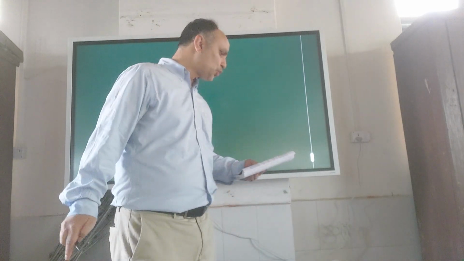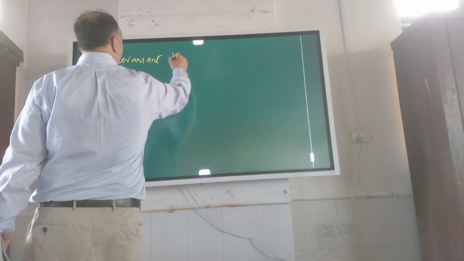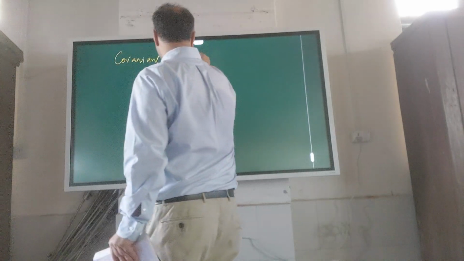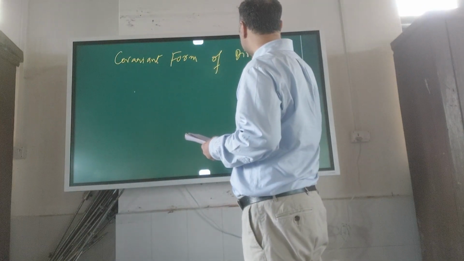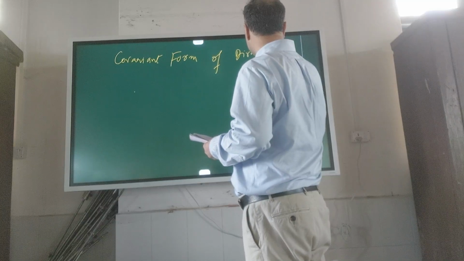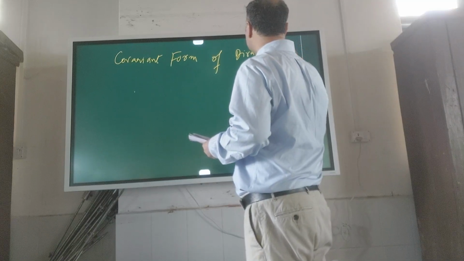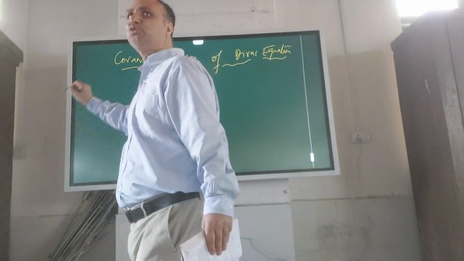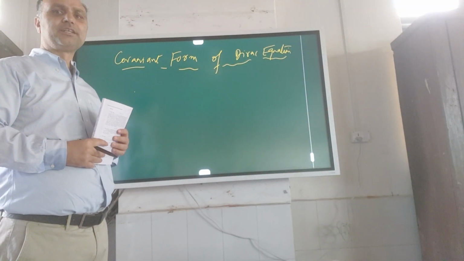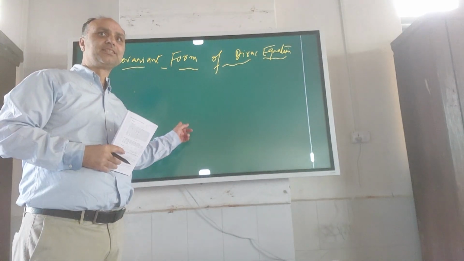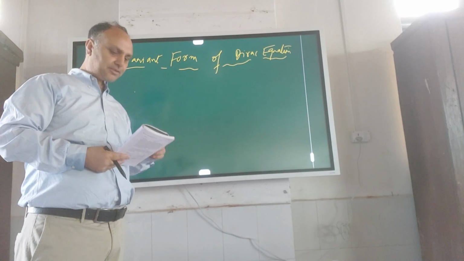So we have to see the covariant form of the Dirac equation. There are a set of identities which we are going to see, to incorporate the notion of Lorentz invariance in the Dirac equation.